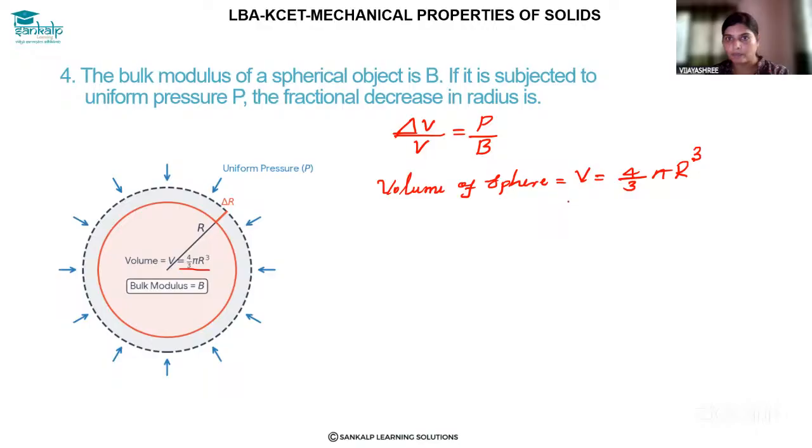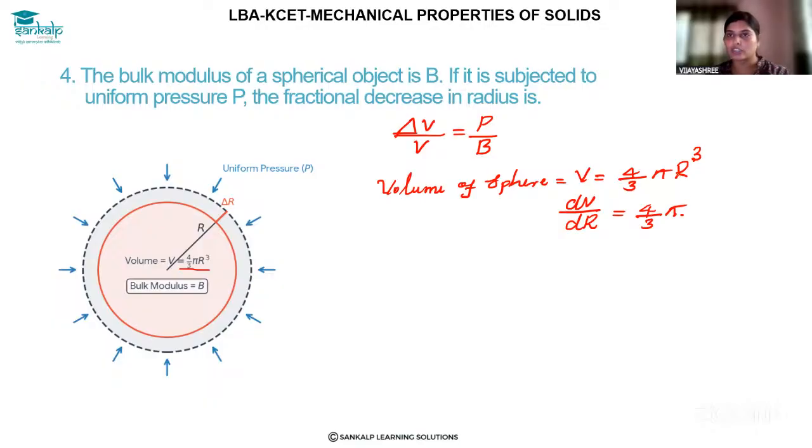I take dV by dr, which is equal to 4 by 3 into pi into the derivative of r cube, since the variable is radius. So we differentiate with respect to r.